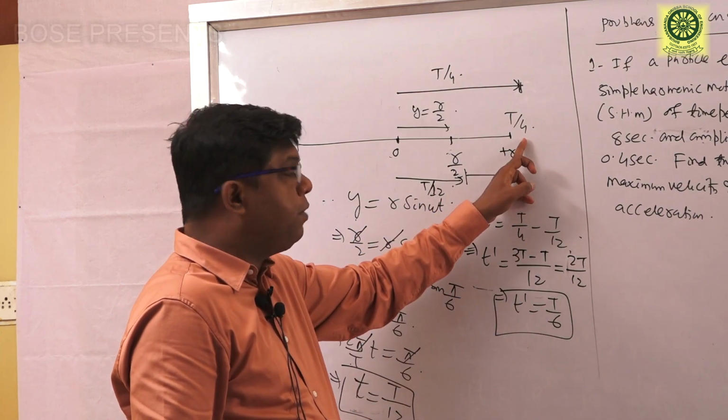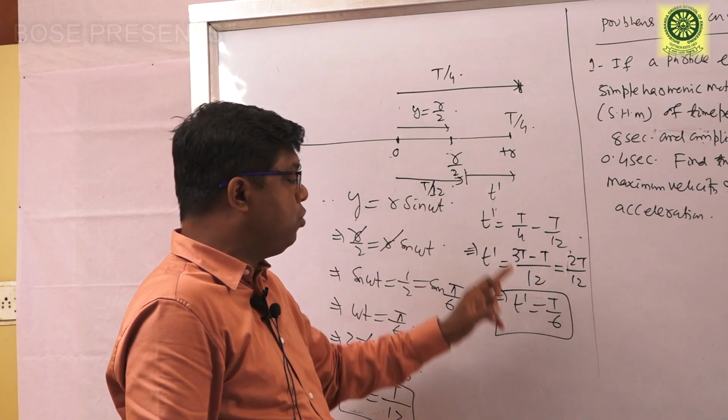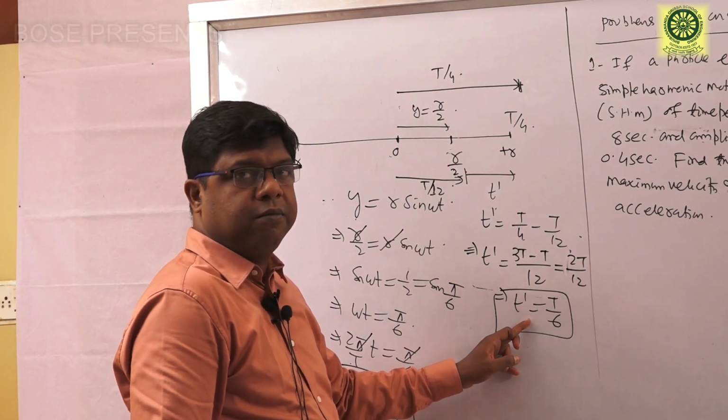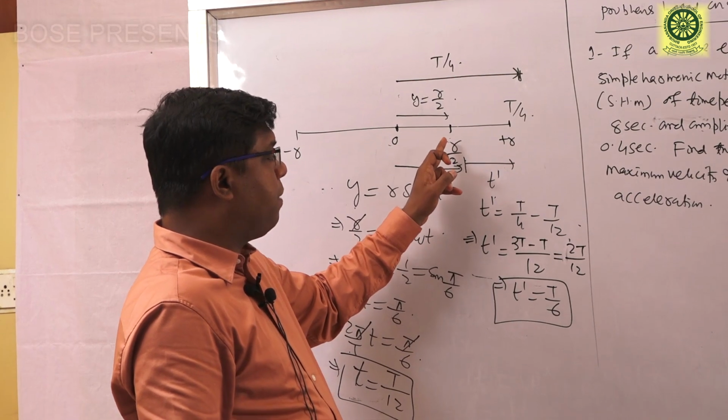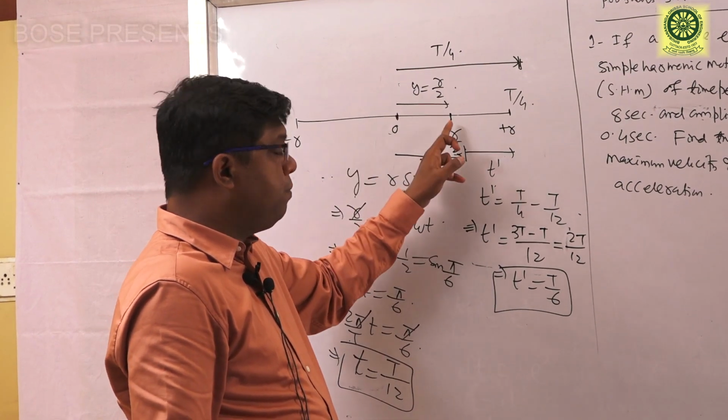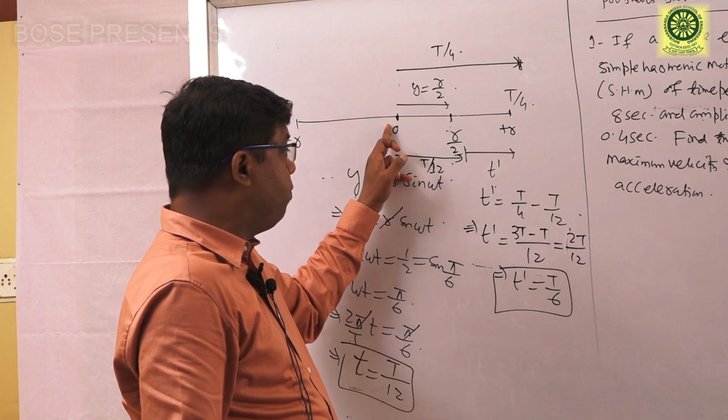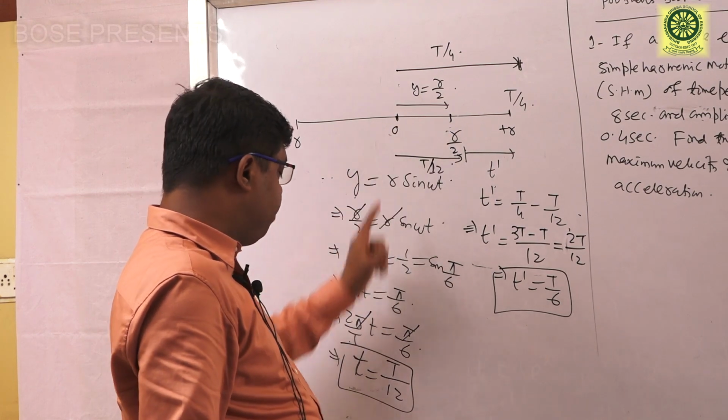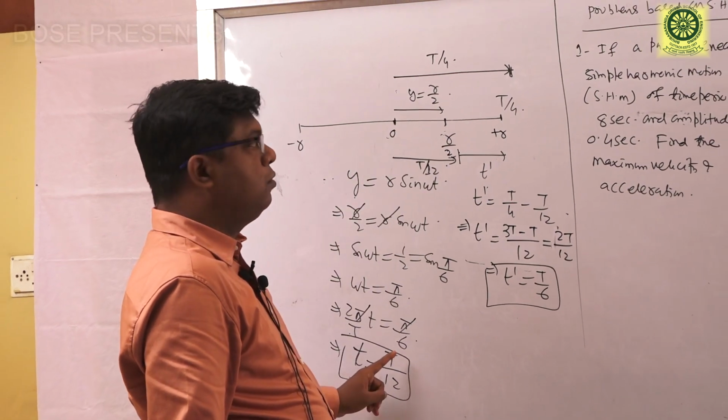Also from extreme position to half of the amplitude is T by 6, the same time, and from half of the amplitude to the mean position is also T by 12.